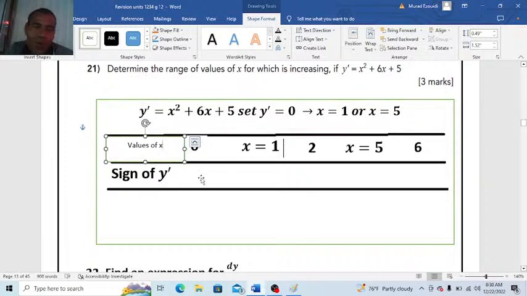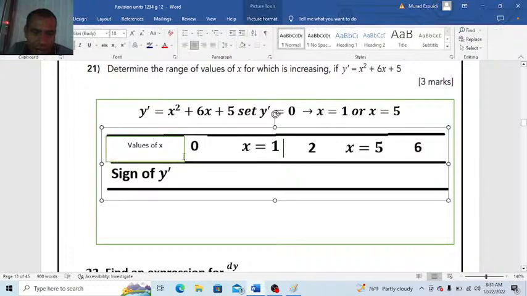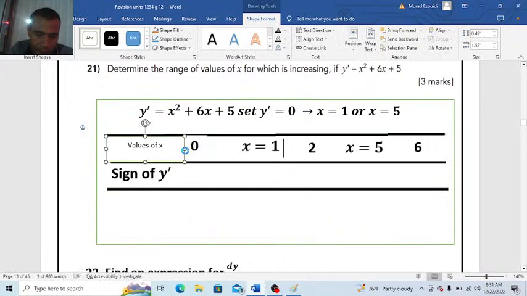Therefore I'm going to substitute x here in the first derivative of the function. x equals 0: 0 squared plus 6 times 0 plus 5 is 5. Is 5 positive or negative? It is positive. Therefore here I will just write positive. This one, learners, is positive.